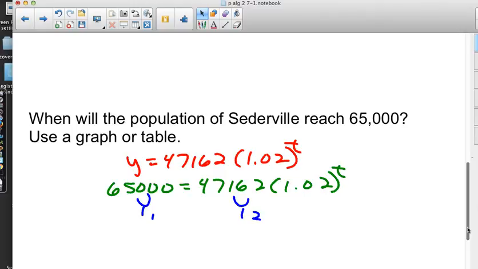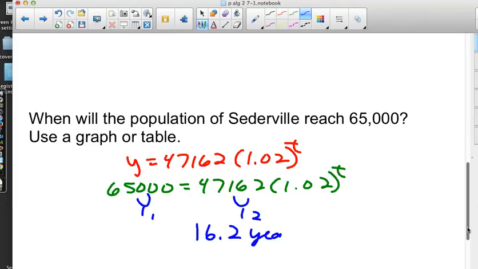So on the y's, I think I'll go 70,000. Let's see. Come on, intersection. Yes. So second trace, number 5. Sometime after 16 years, about 16.2 years to get there.